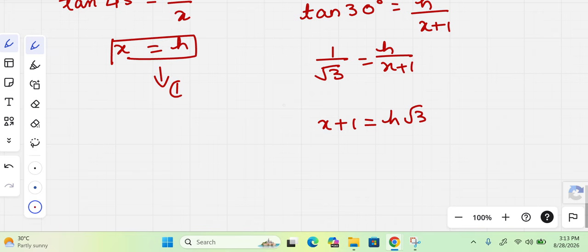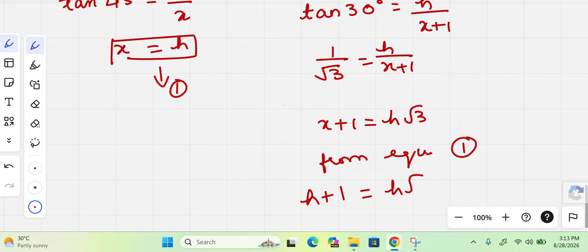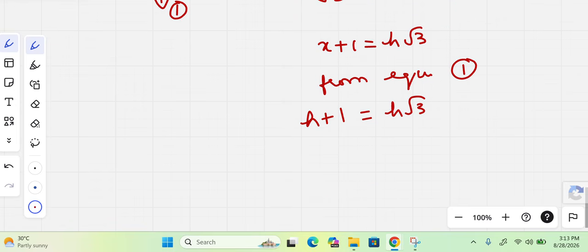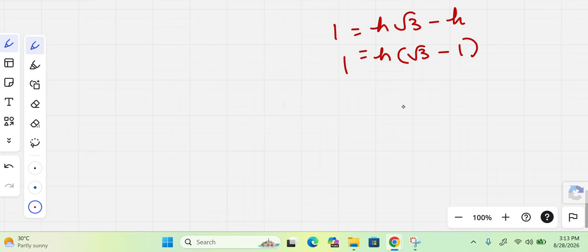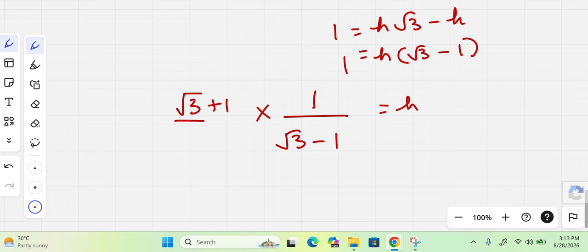So, you can say from equation 1, h plus 1 equal to h root 3, or you can say 1 is equal to h root 3 minus h, h is common, root 3 minus 1. Now what is h equal to? 1 by root 3 minus 1, which you need to rationalize.